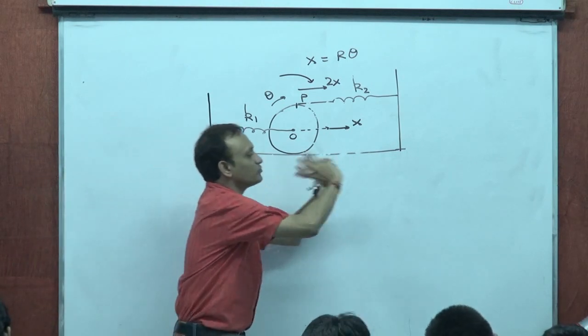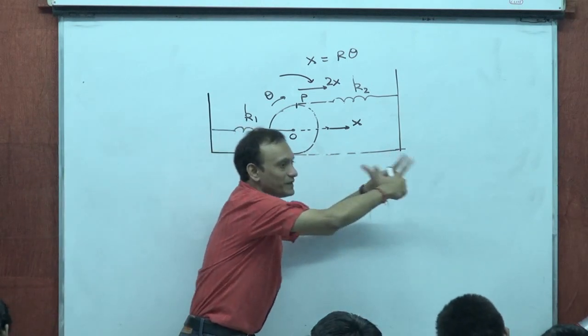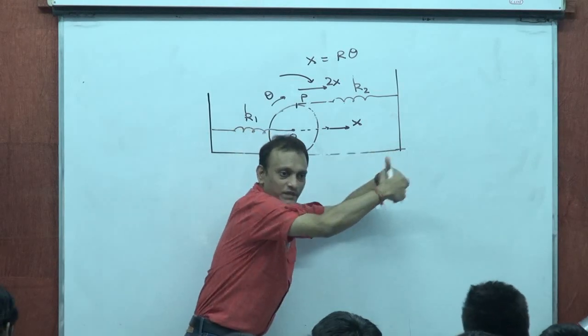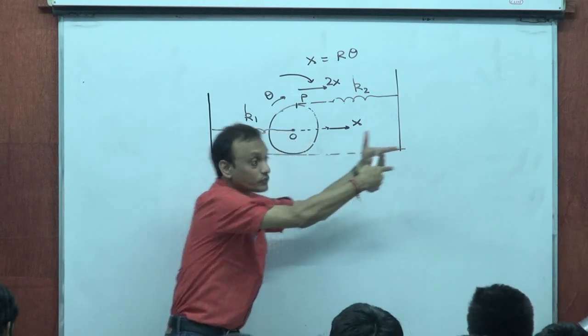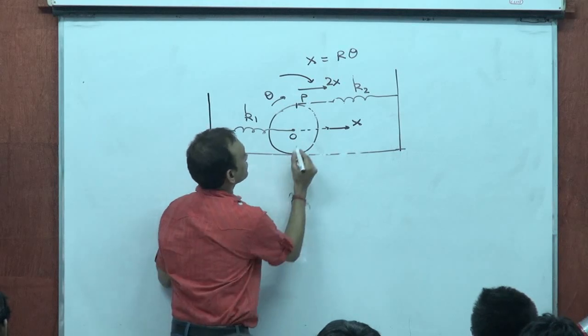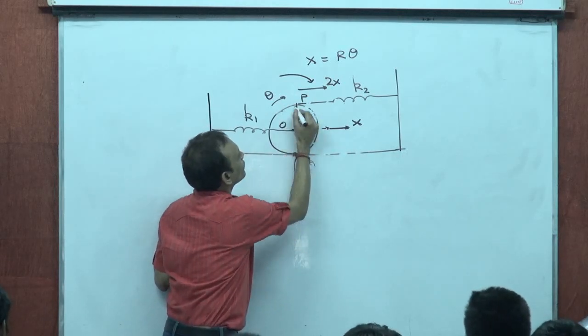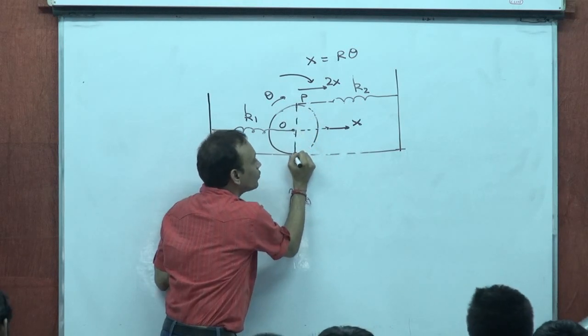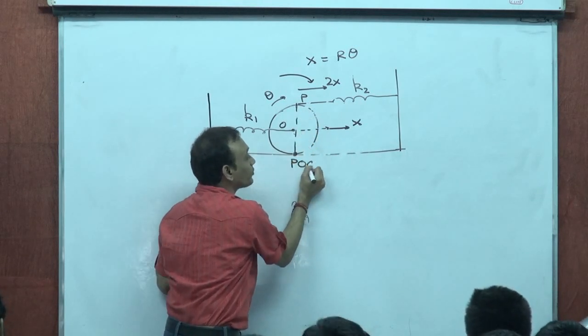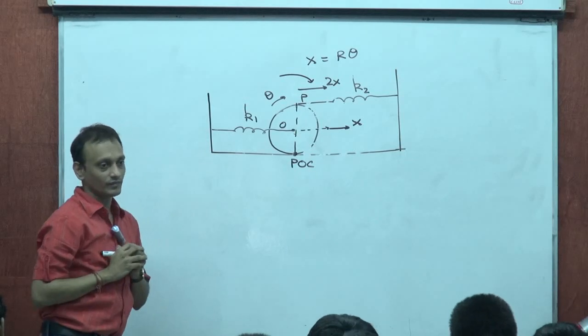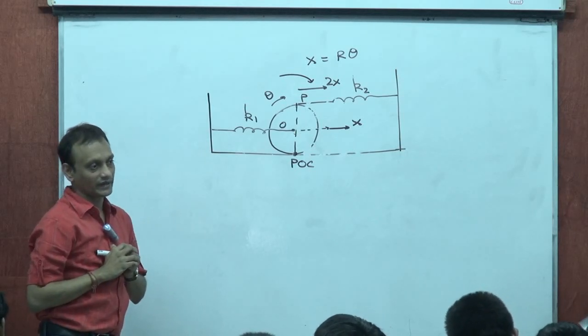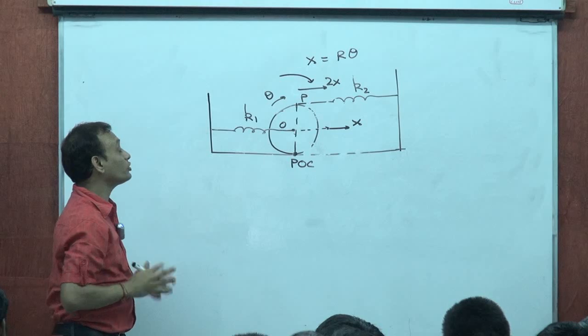And if it has moved to the right, then theta has been in this sense, clockwise sense. And there has been frictional force also. So now I can take torque about the point of contact.